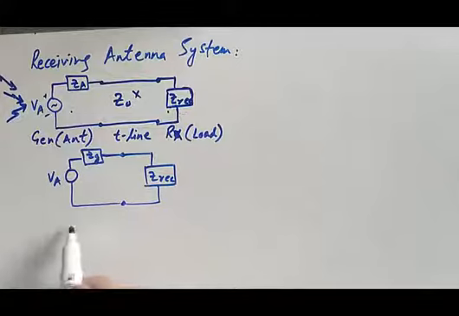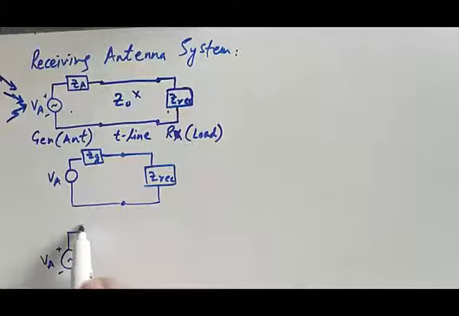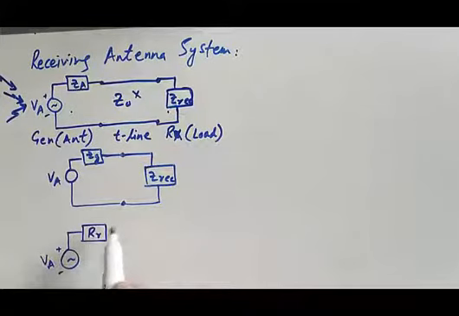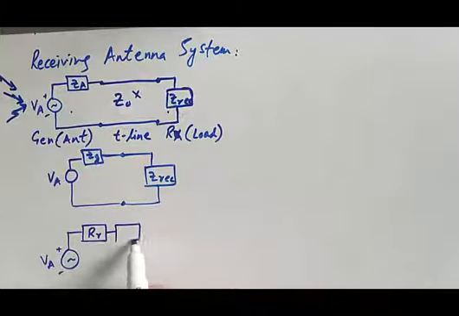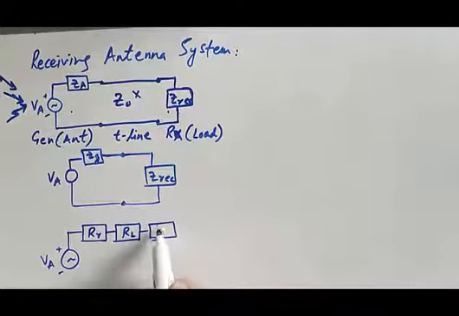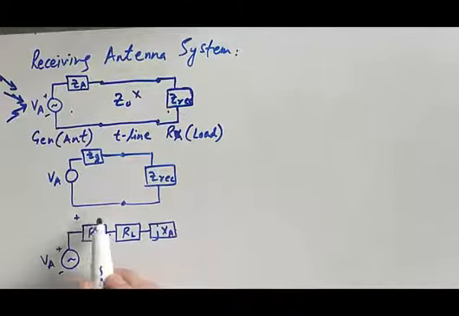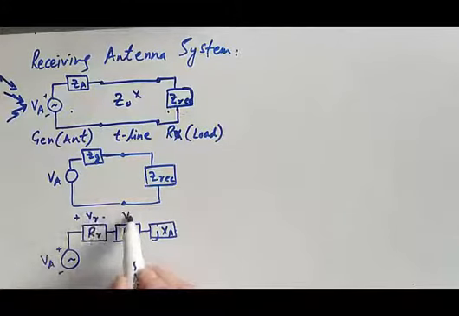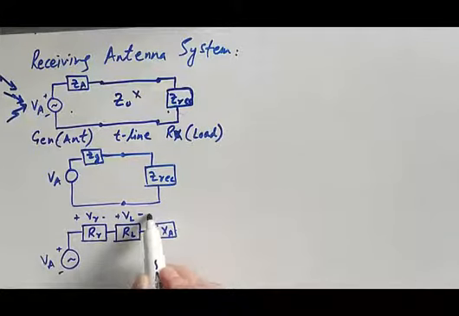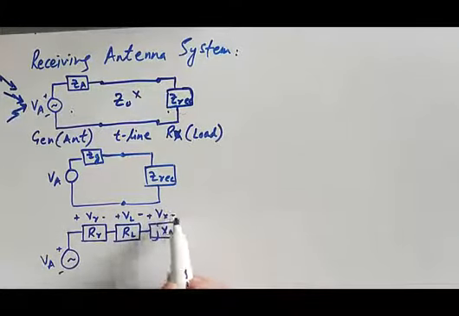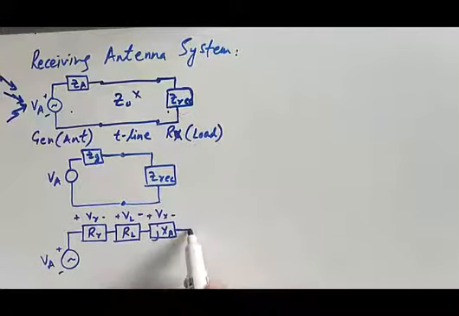So in this case, again the same as we did previously, this VA, this ZG can be represented as a series combination of RR, the loss resistance RL, and the antenna reactance jXA, along which we have the voltage drops VR, VL and Vx, as we considered previously in the transmitting case.